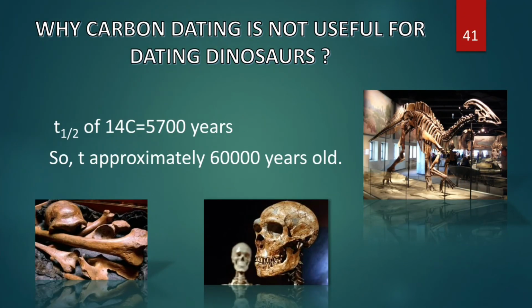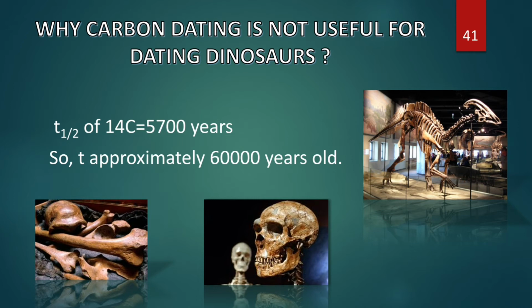And here many of us will have one question, that why we can't carbon date a dinosaur. It's because, as I told, t half of carbon 14 is about 5700 years. So by calculating t, we will get an approximate value that it will be about 60,000 years old.